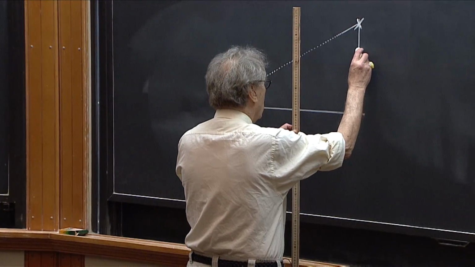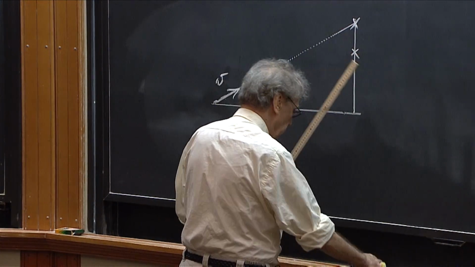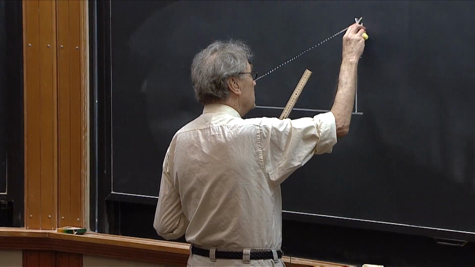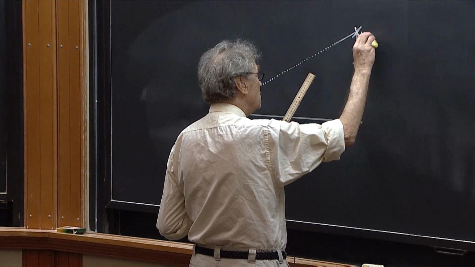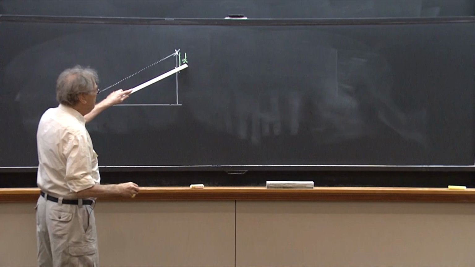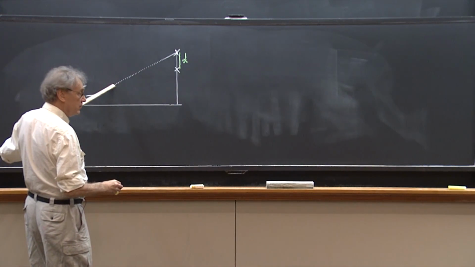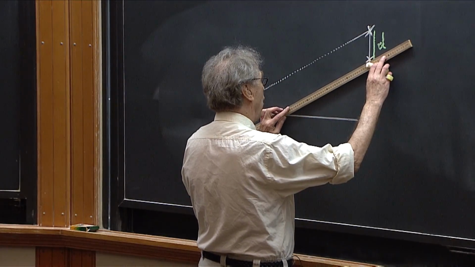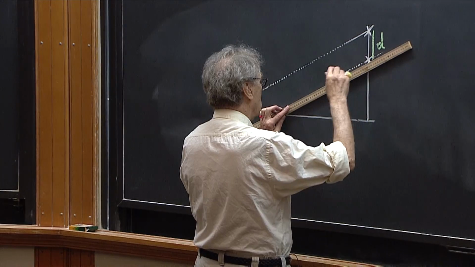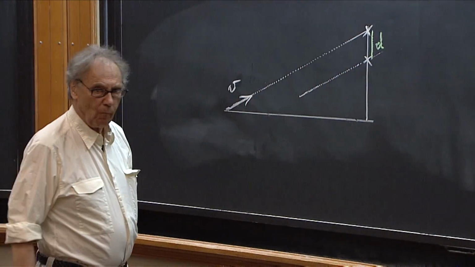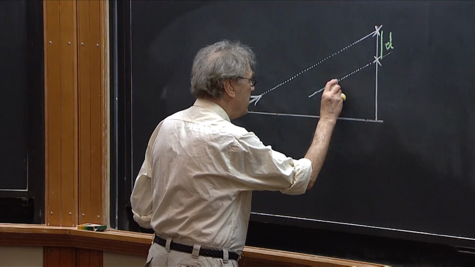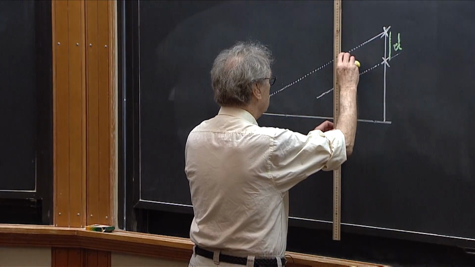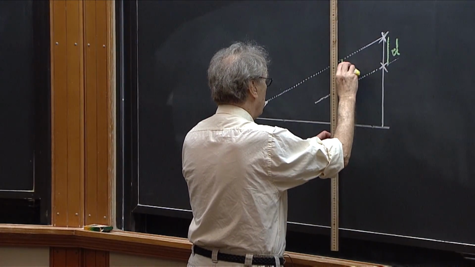So, when Robert is here, and when this distance that Robert has fallen is this much, the bullet must be the same distance below this line. Therefore, the bullet has to be somewhere on this dotted line, which I draw parallel to this one. Let's assume the bullet is here. Then this distance is also d.